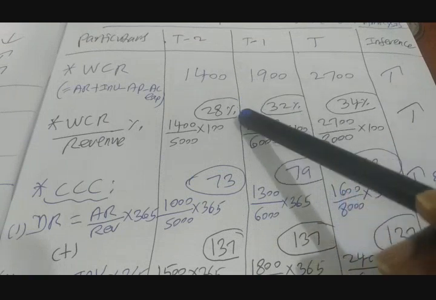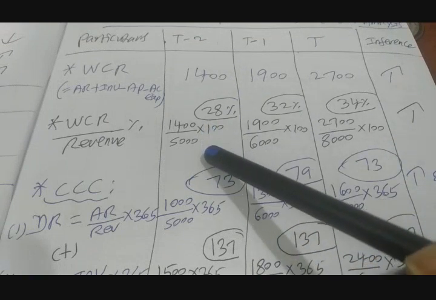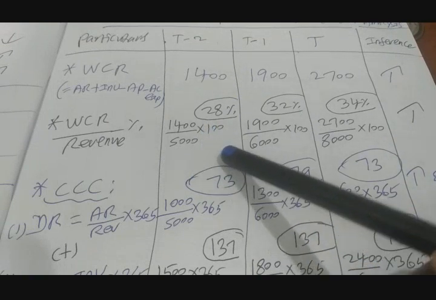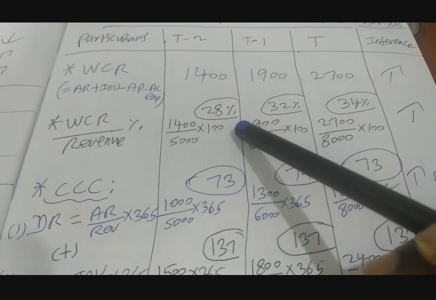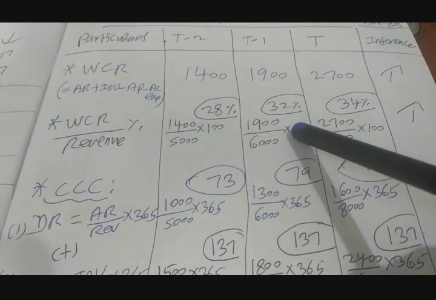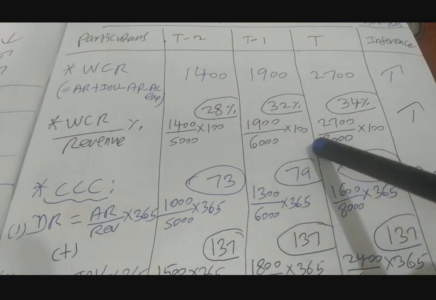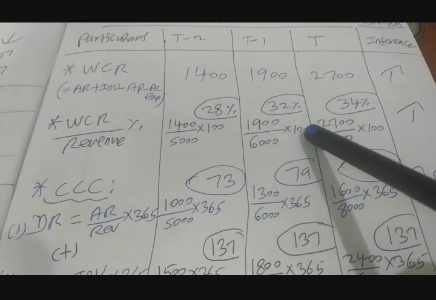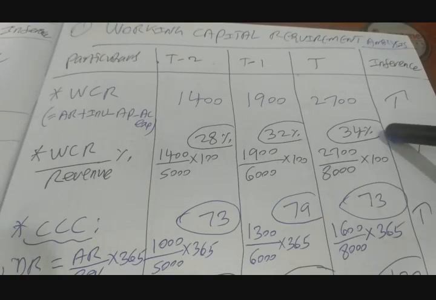For the year T minus 2 it is 1400 divided by revenue of 5000 multiplied by 100 gives us the ratio of 28%. For the next year it is 1900 divided by 6000 multiplied by 100 gives us 32%. For year T it is 34%.